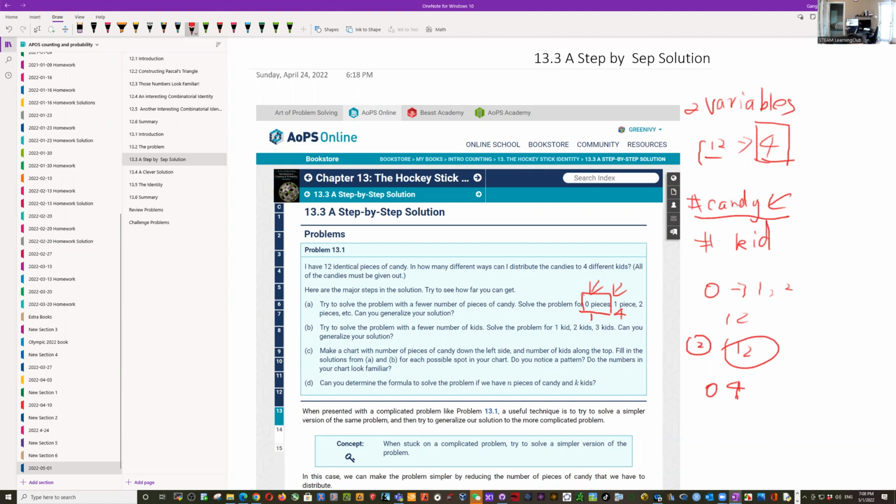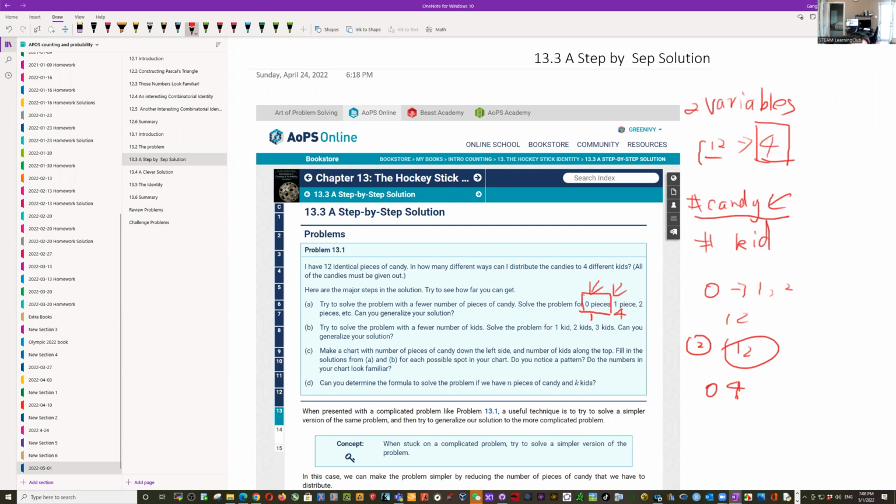Let's see how we handle 2 pieces. With 2 pieces, there are 2 general ways to distribute to the kids. Let's say I give both candies to a single kid. There are 4 ways: kid 1 gets 2 candies, kid 2 gets 2 candies, and so on.